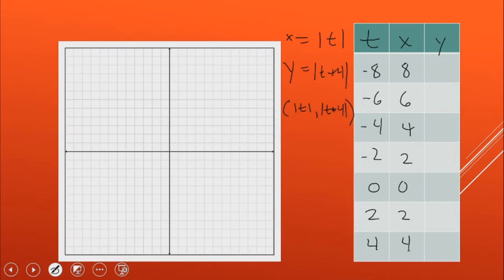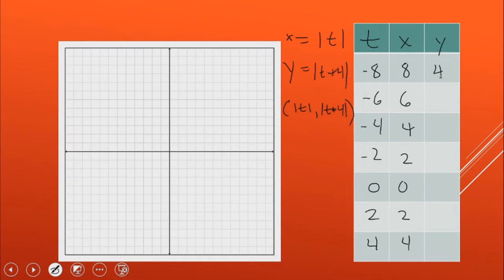For the y's, we need to be very careful because this says the absolute value of (t plus 4), not the absolute value of t, plus 4. And what's the difference? The difference is you need to do the t plus 4 first. So in this case, we have negative 8 plus 4 is negative 4, and the absolute value of that is 4.